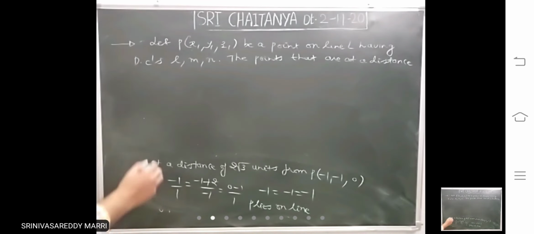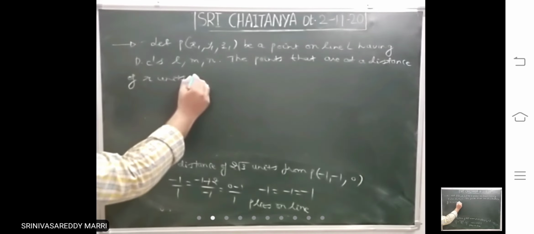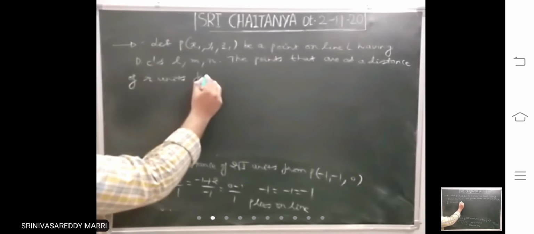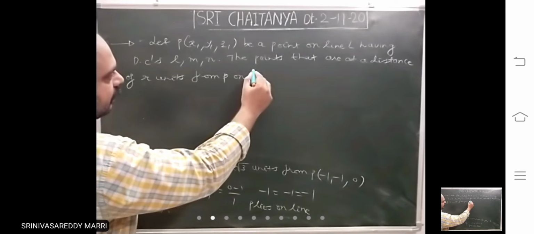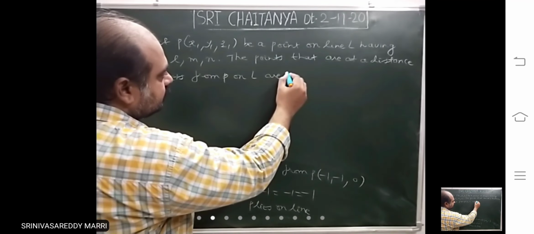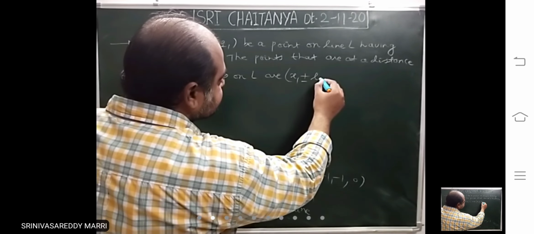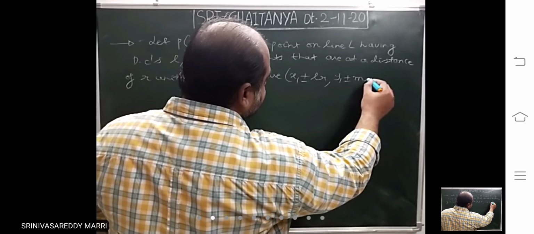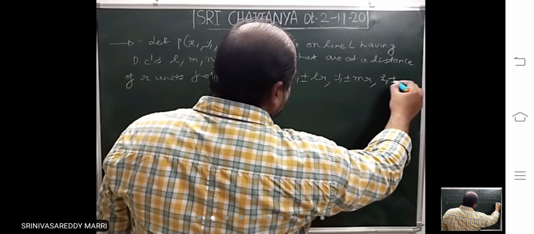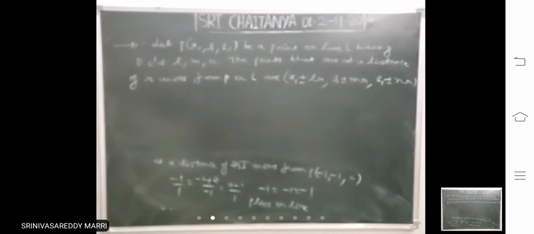The points that are at a distance of r units from P on L are (x1 plus or minus lr, y1 plus or minus mr, z1 plus or minus nr). The formula is this. The actual procedure I already told.